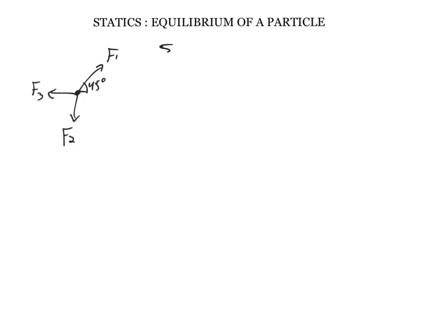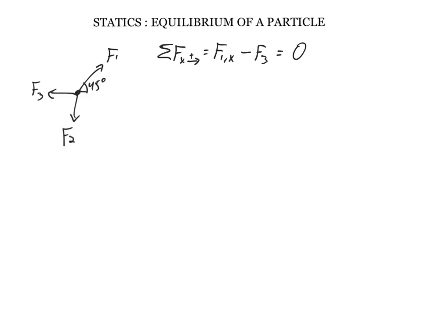We say that the sum of forces in x direction, with the right hand being positive, is equal to the x component of F1, F1x. F1 acts in positive x direction, so this is a positive value. And the F3 force acts in negative x direction, so we can say minus F3 is equal to 0.